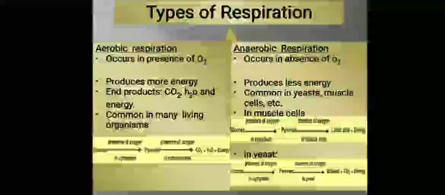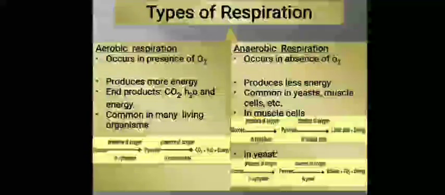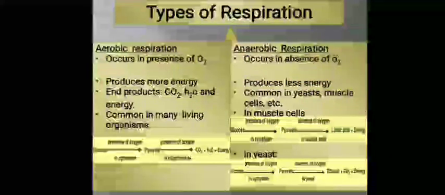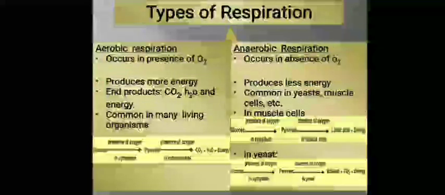Okay, aerobic respiration is very common in many organisms, but anaerobic is rare, in some bacteria, some fungus and in the muscle cells also, right? When you come back from rigorous exercise or heavy hard work, you must be feeling muscle cramp. After a hot water bath you feel relaxed.